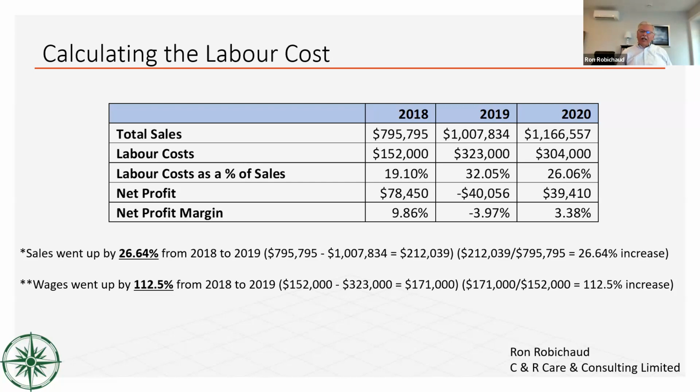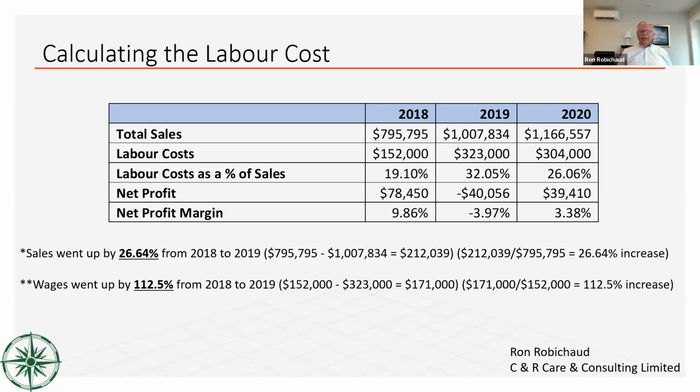So in 2019, with $1 million in sales, it went from 152,000 to 323,000 in labor expense. Now, for every dollar of sale, it's costing us 32 cents in labor costs.